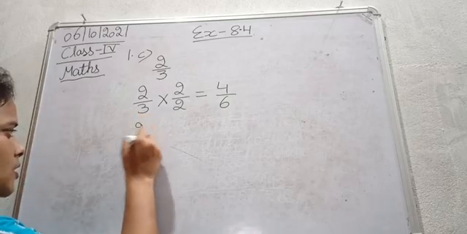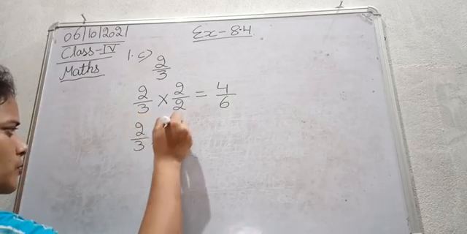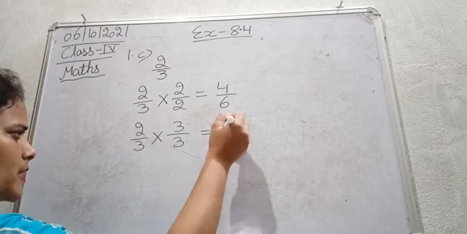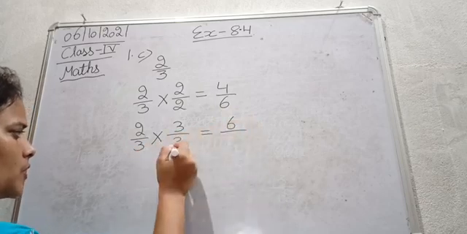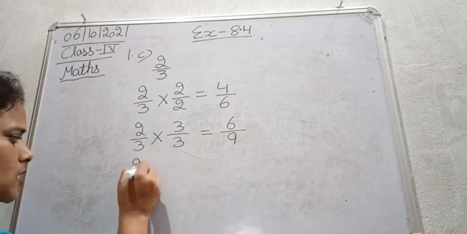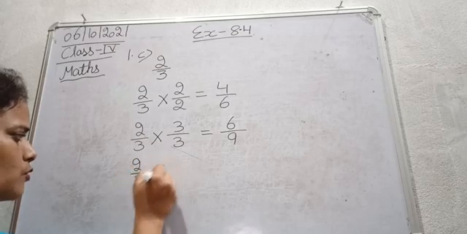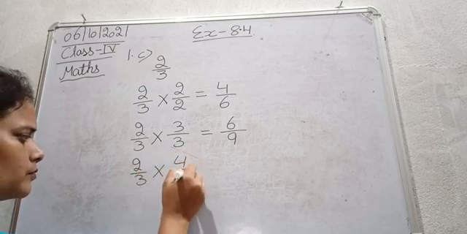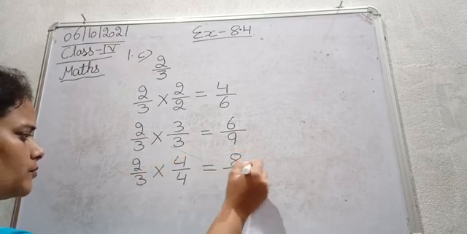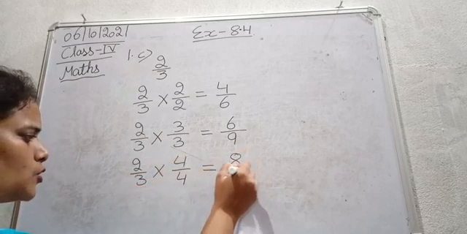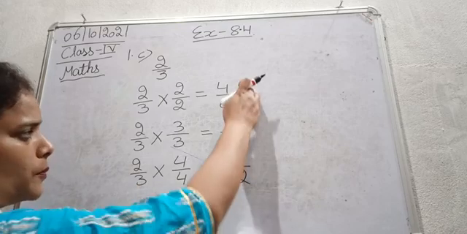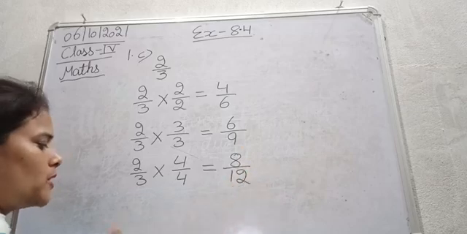Next, 2 upon 3 into 3 upon 3. 2 3s are 6, 3 3s are 9. Next, 2 upon 3 into 4 upon 4. 2 4s are 8, 3 4s are 12. So the three equivalent fractions equal to 2 upon 3 are 4 upon 6, 6 upon 9, and 8 upon 12.